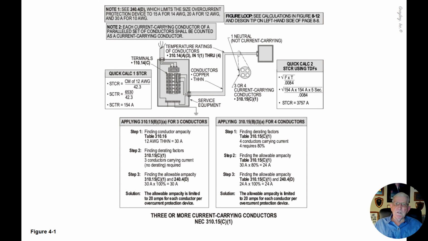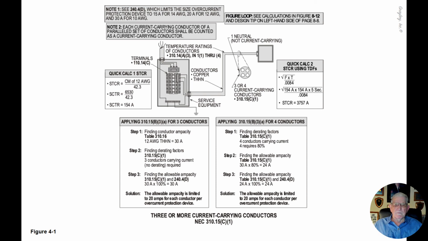Table 310.15(C)(1) requires an 80% reduction of the ampacity. So in this case, step 2, we apply the table, and 30 amps times 80% would be 24 amps. The 80% is based upon 4 to 6 current carrying conductors in a raceway or cable.